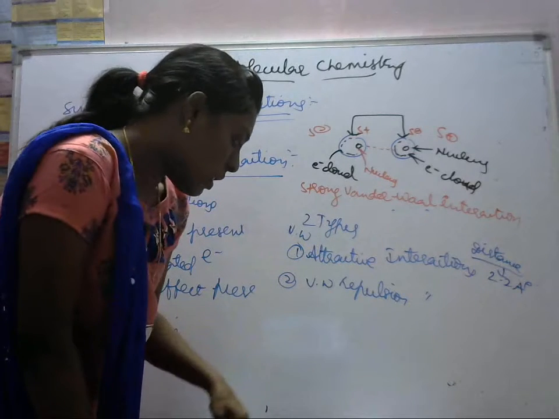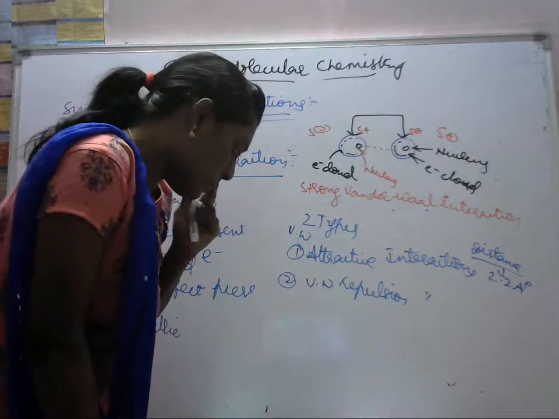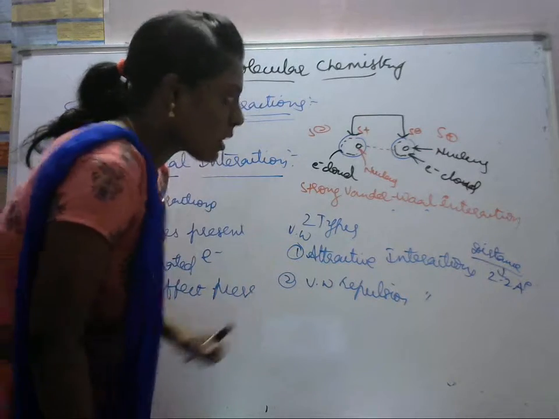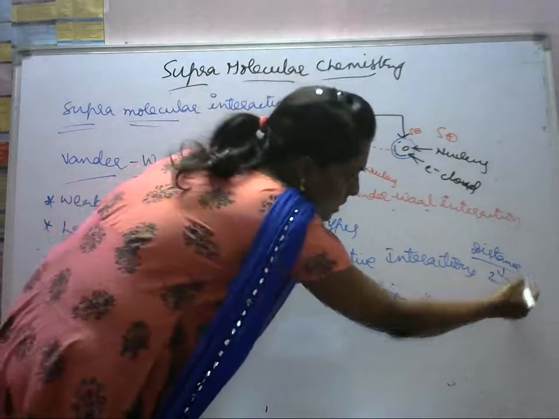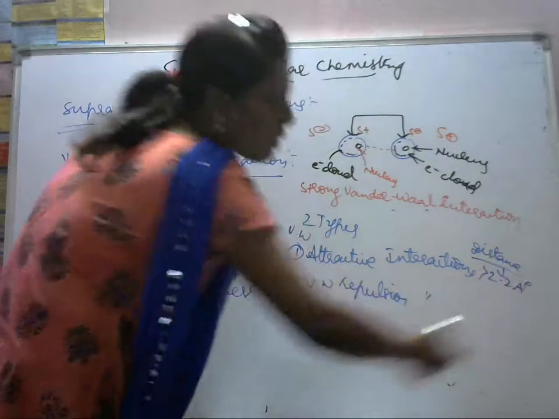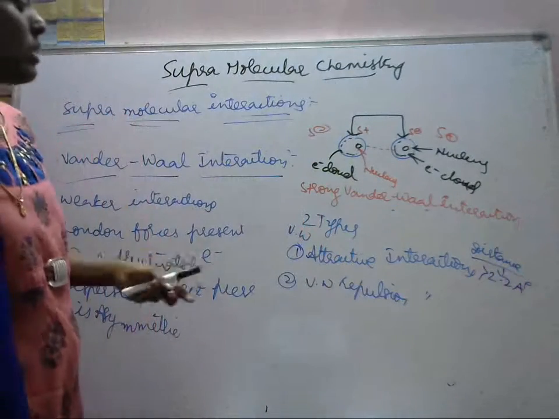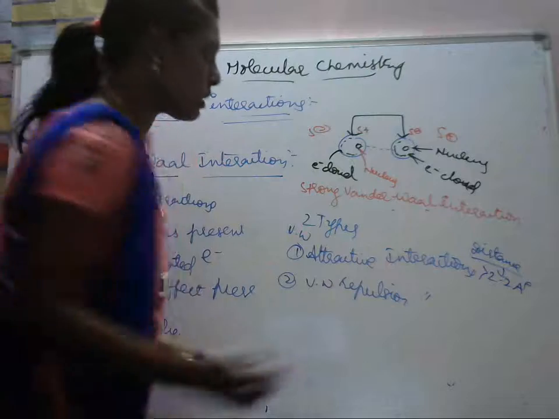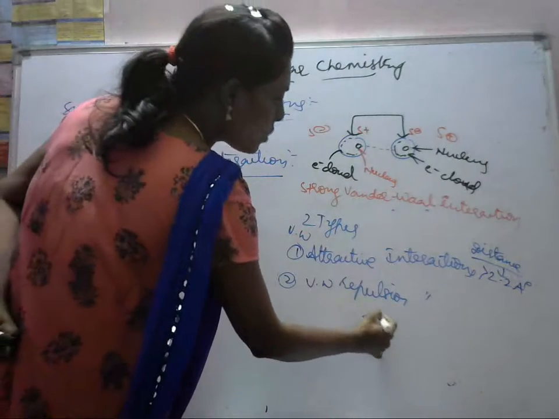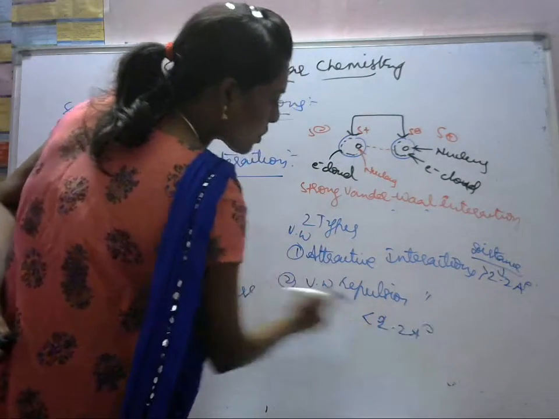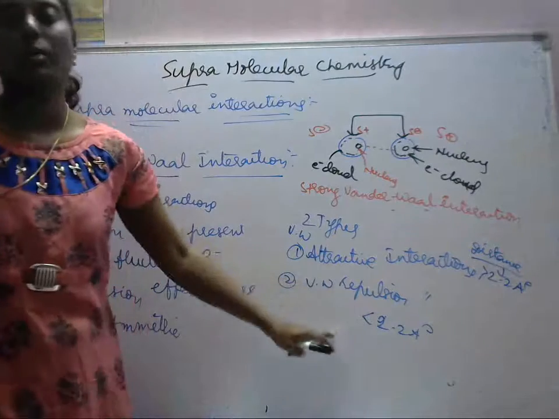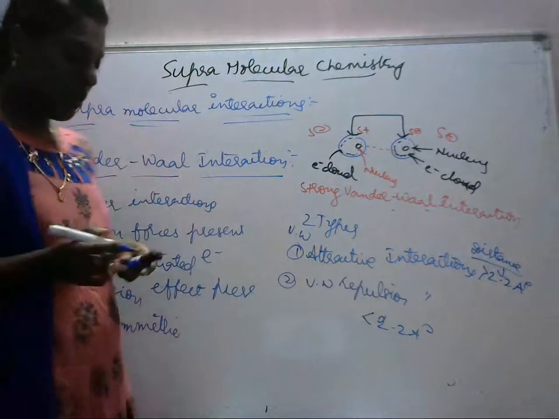If the distance is greater than 2.2 angstrom units, then it is called attractive. If it is less than 2.2 angstrom units, then it is called van der Waals repulsion interactions.